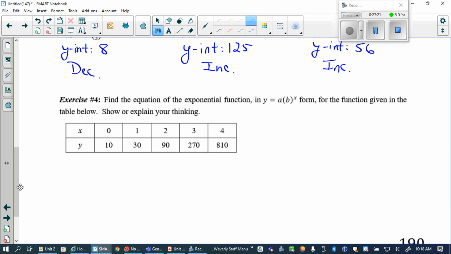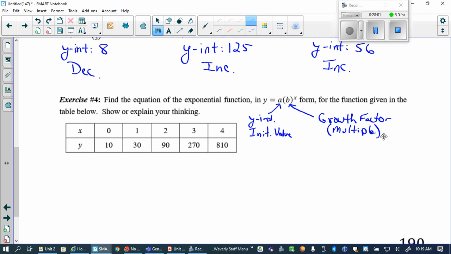And they want us to write an equation from this in y equals ab to the x form. So remember, the a here is the y-intercept, or the starting amount, the initial value. And the b is the growth factor, or the multiple, the thing you're multiplying by.